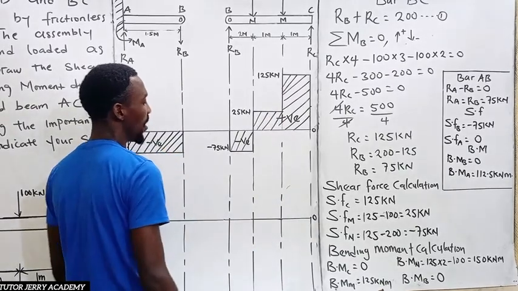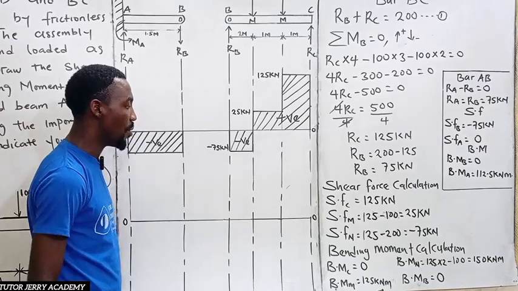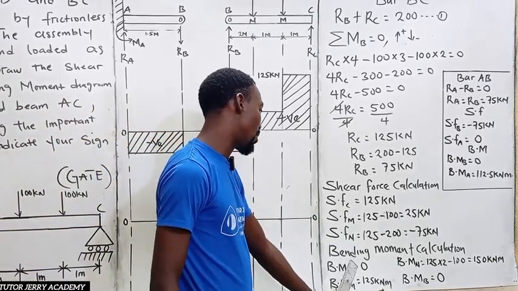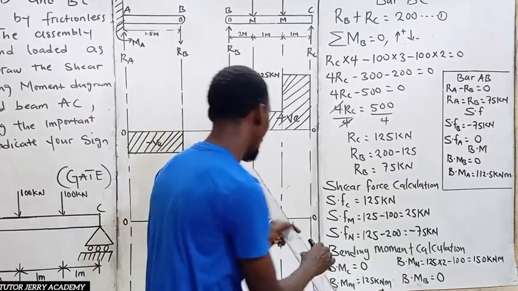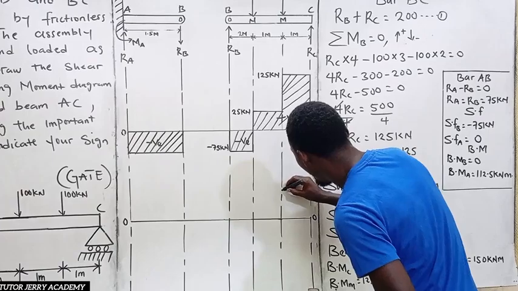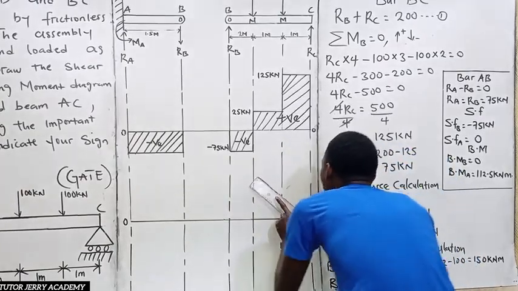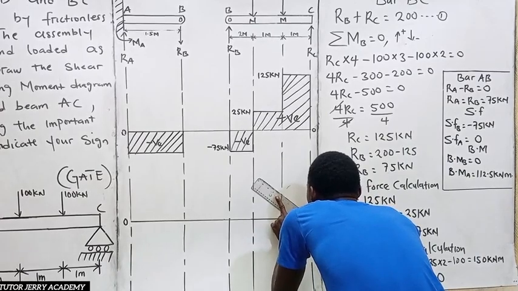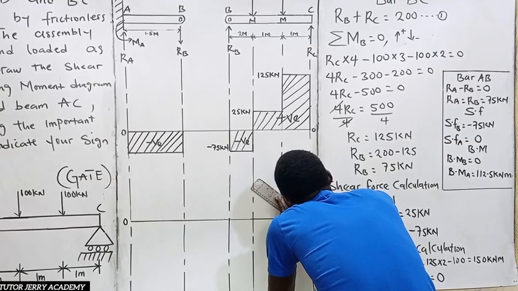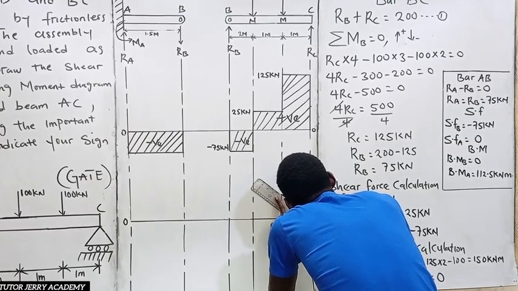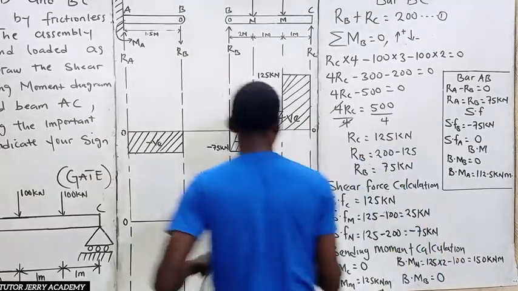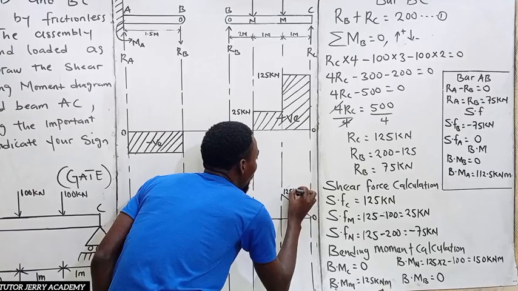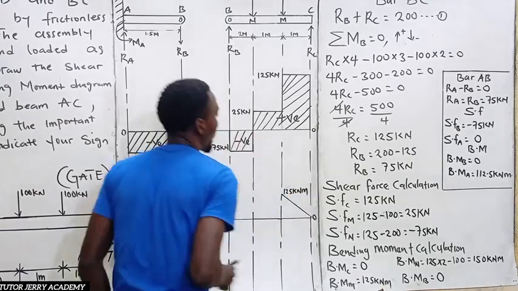A vertical line on our bending moment diagram. So now here we have 0 to 125. Let's pick this point to be our 125 and join this point to this point. So this point is 125 kilonewton meter.